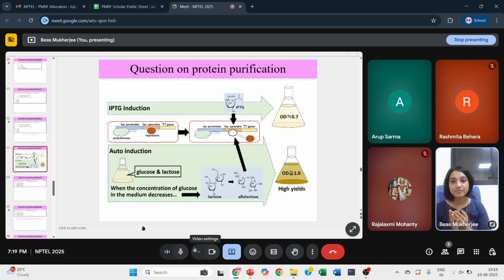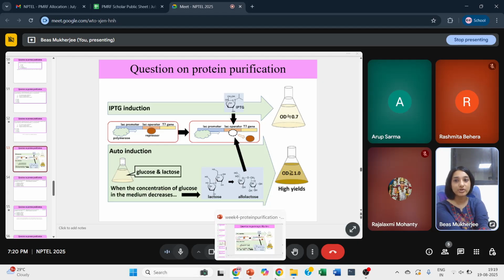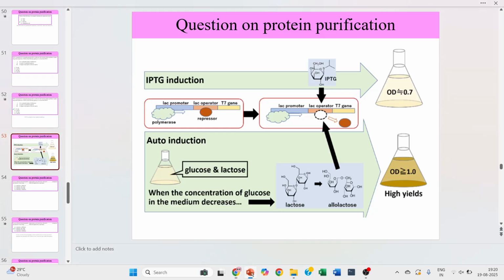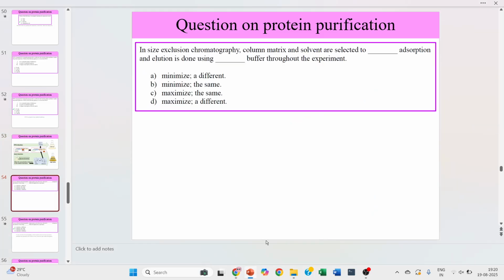Autoinduction means when the concentration of glucose in the media decreases, lactose gets converted into allolactose, and then this process starts. So when there is both glucose and lactose in the media, autoinduction can even happen.